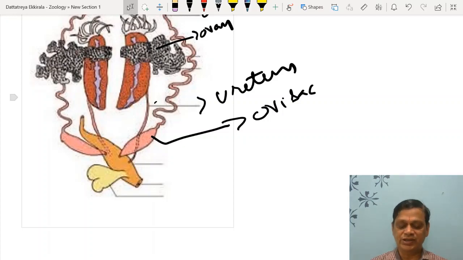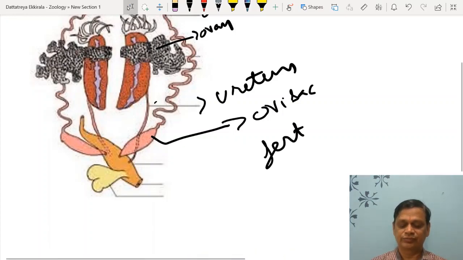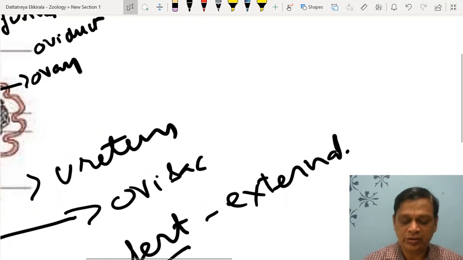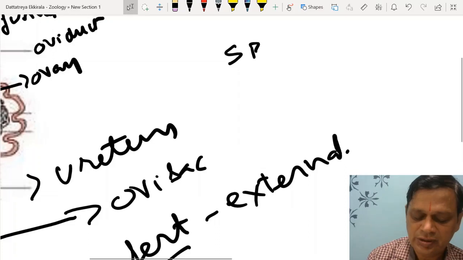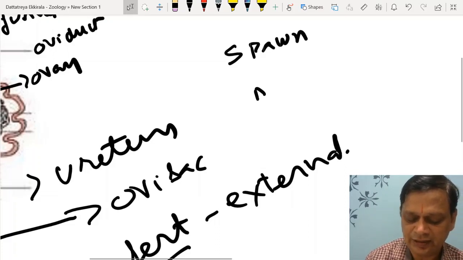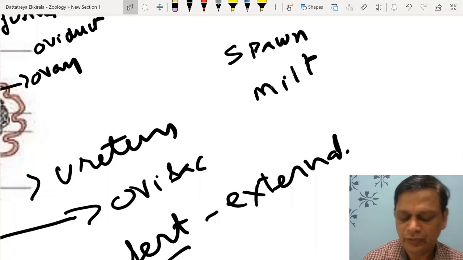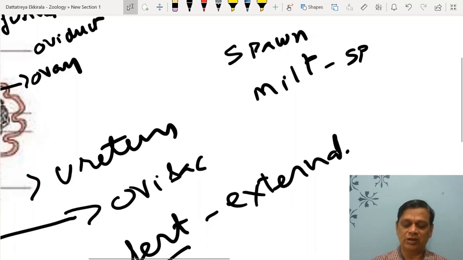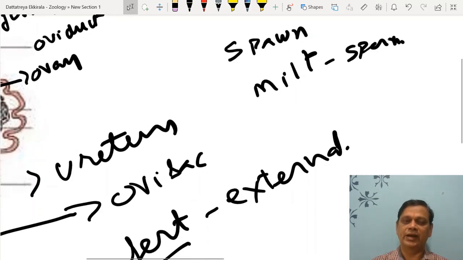So fertilization in frog is external, and a group of eggs is called spawn, and a group of sperms is called milt. Development is external and indirect.